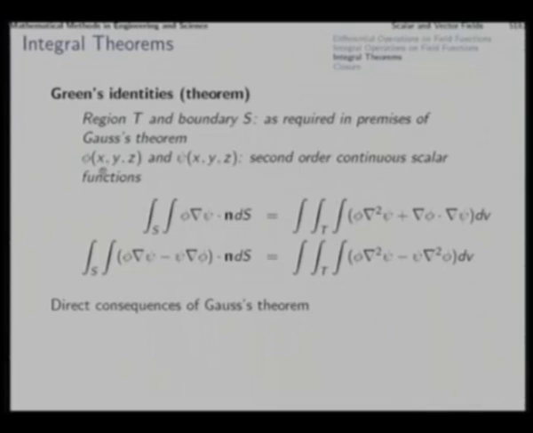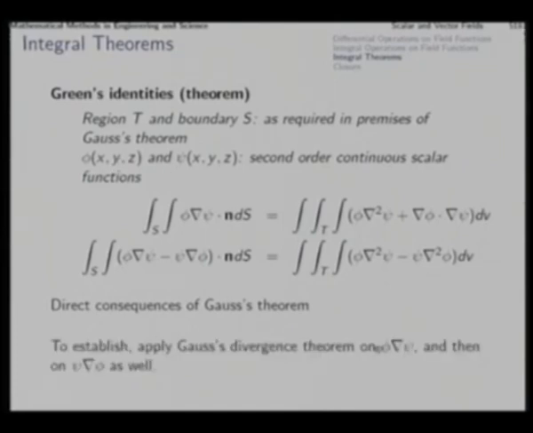When we apply Gauss theorem to certain functions in a certain manner, that is, once on phi grad psi and then on psi grad phi, then as direct consequences of Gauss theorem we can establish these relations, which have a lot of important applications in many fields.